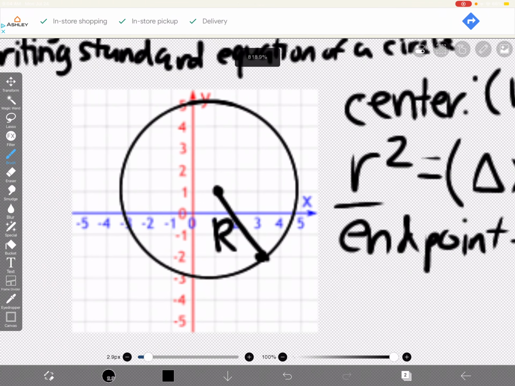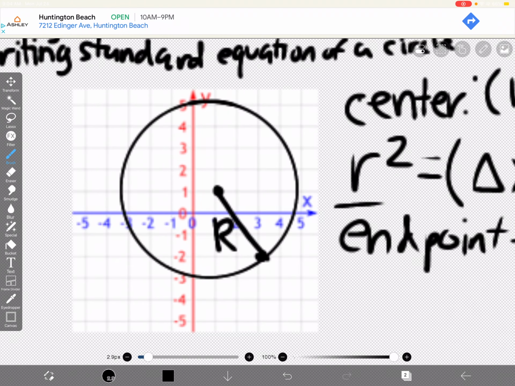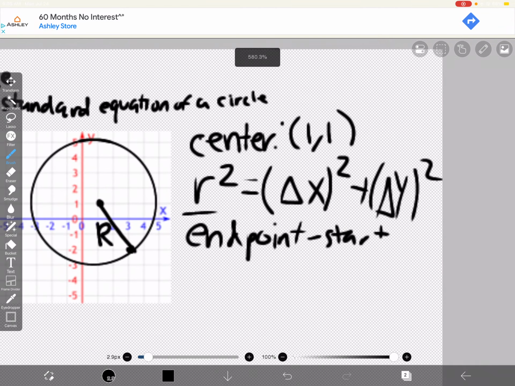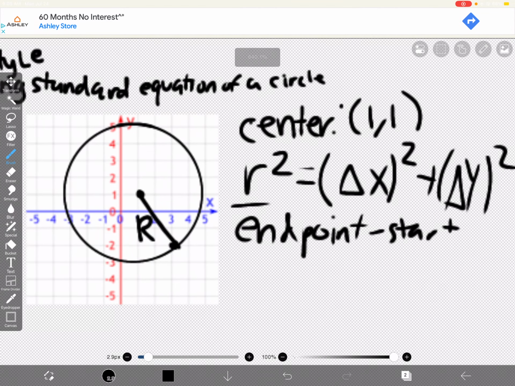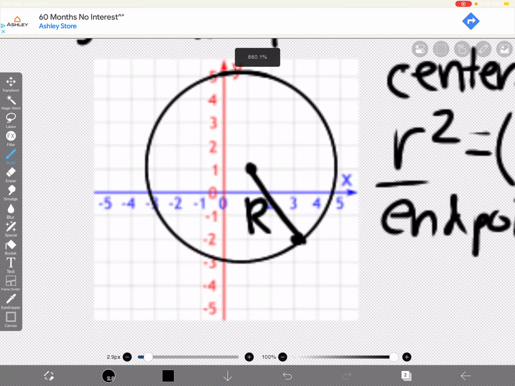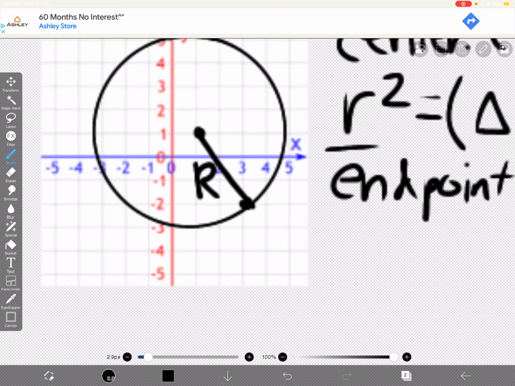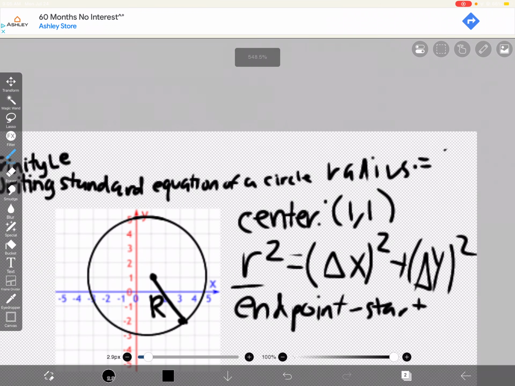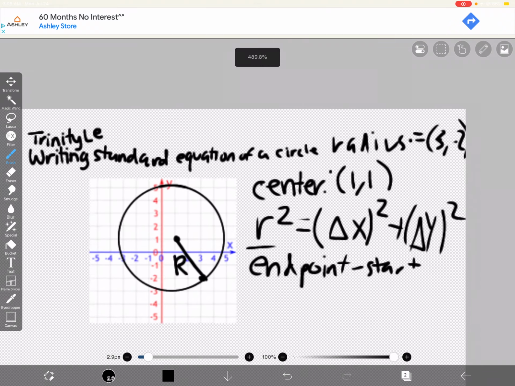From here we see that x, y, so the start is 3 and -2. The radius point is 3, -2.